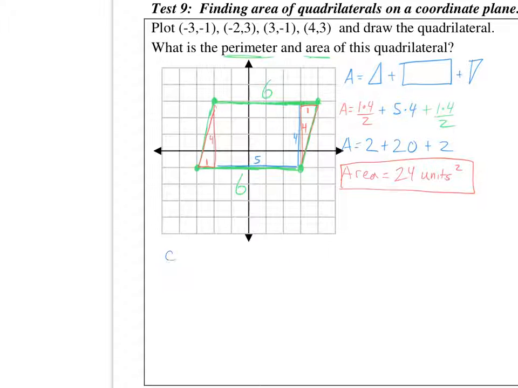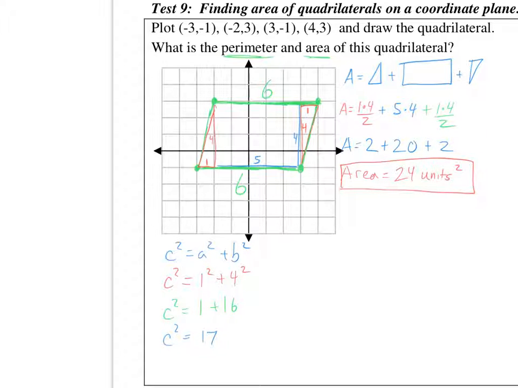Pythagorean Theorem is c squared equals a squared plus b squared. And for this problem, a is 1 and b is 4. So c squared is equal to 1 squared, which is 1, plus 4 squared, which is 16. So c squared equals 17.